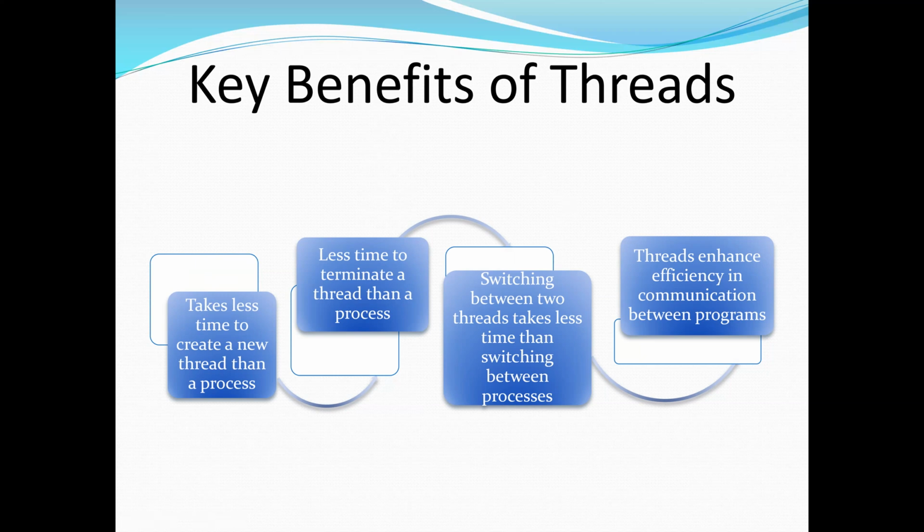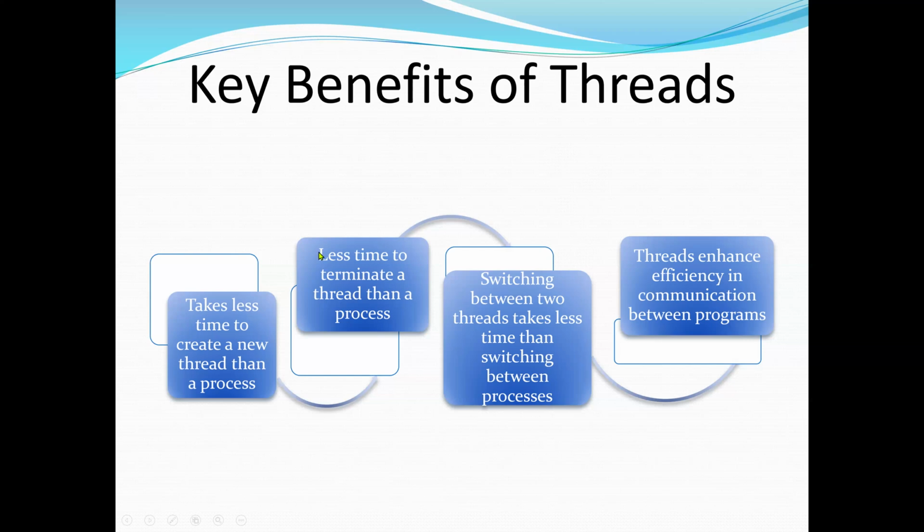Now, when one thread alters an item of data in memory, then the other threads see the result if and when they access that item. So again, if one thread opens a file with read privilege, other threads in the same process can also read from that file. Now, the key benefit of threads derives from the performance implications.